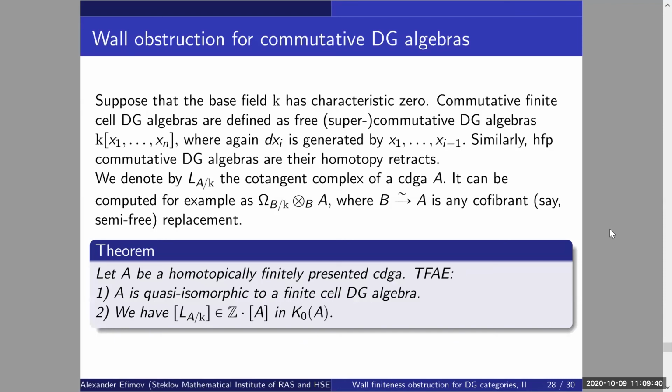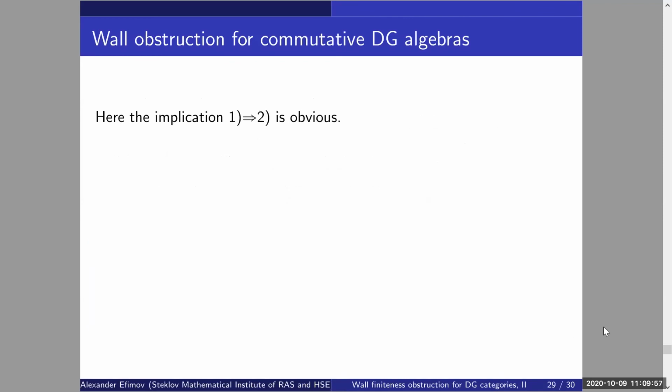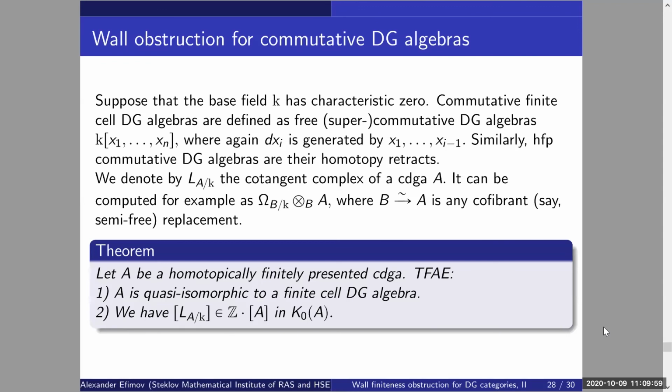The following conditions are equivalent: if A is homotopically finite, then being quasi-isomorphic to a finite cell DG algebra is equivalent to the cotangent complex being an integer multiple of A in K0 of A. The implication 1 implies 2 is obvious. It can be seen explicitly.